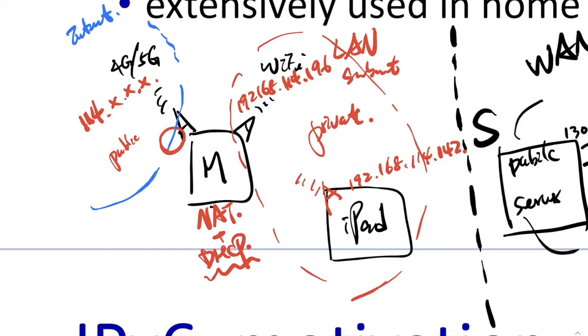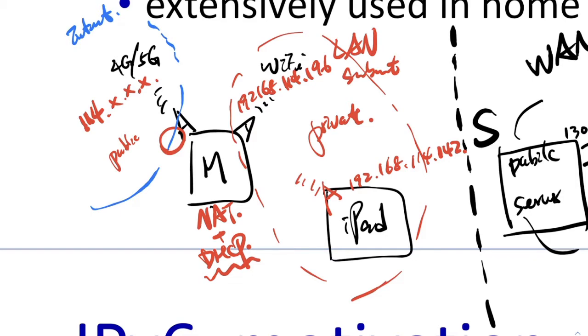Usually your mobile phone has several different network interface cards. The left-hand side is your 4G or 5G network interface card, and you will obtain a public IP address from your 4G or 5G network, which helps you connect to the public internet. At the right-hand side, if you turn on your hotspot, your mobile phone will become a NAT server and a DHCP server.